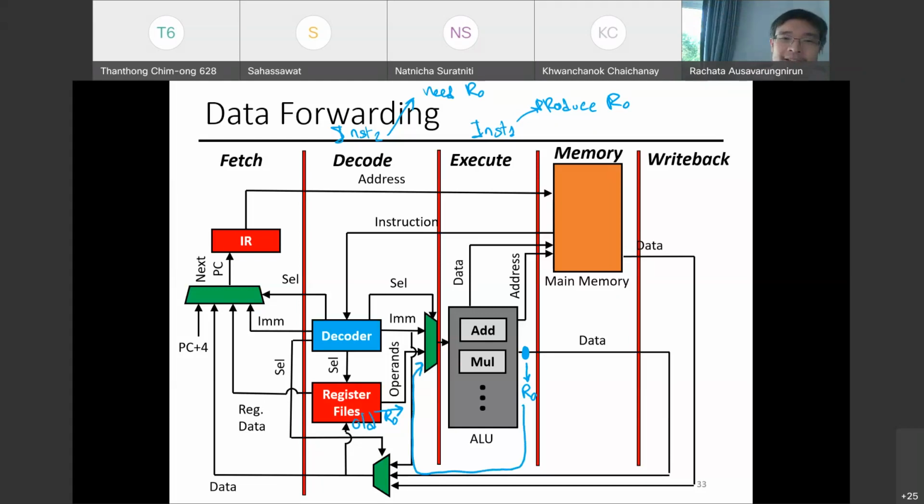So let's say instruction 1 has nothing to do with R0, but instruction 0 here produces R0, right? So when do I have that data and where is that in the design?